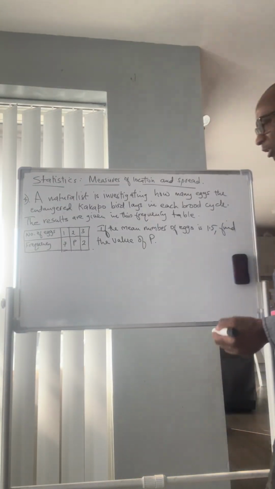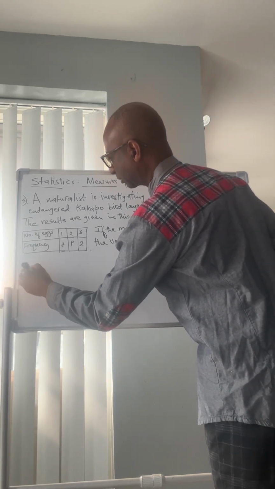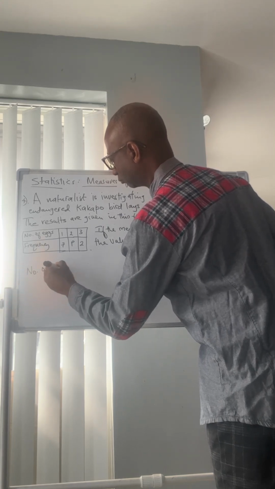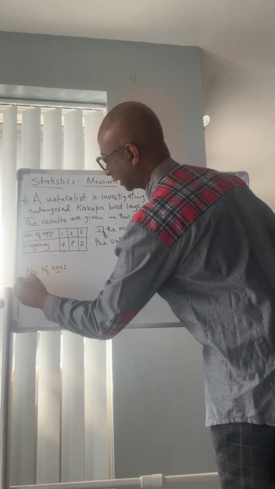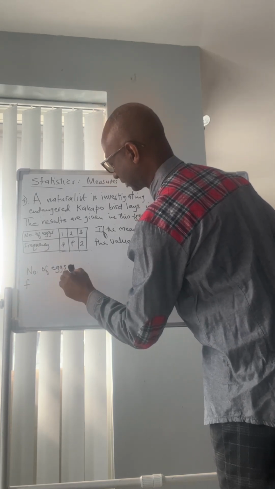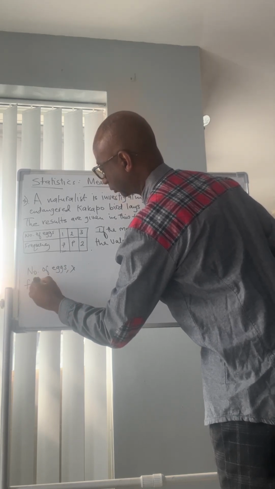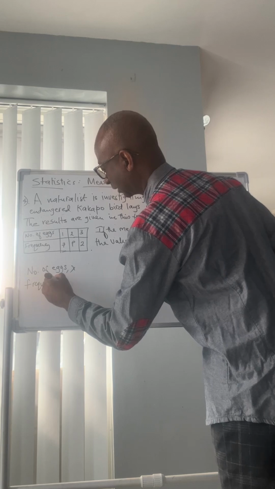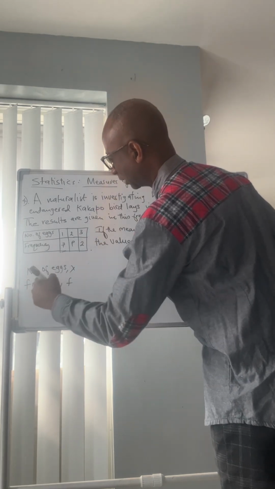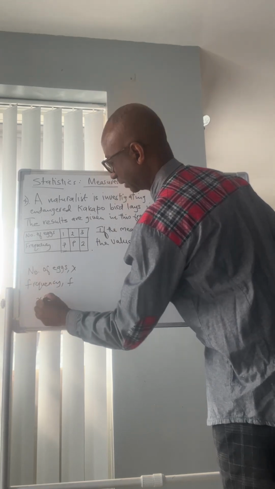This table will now transform to number of eggs, which is x, and frequency, which is f, so we now have x and f.